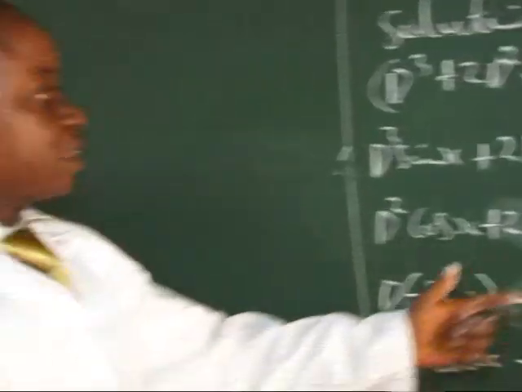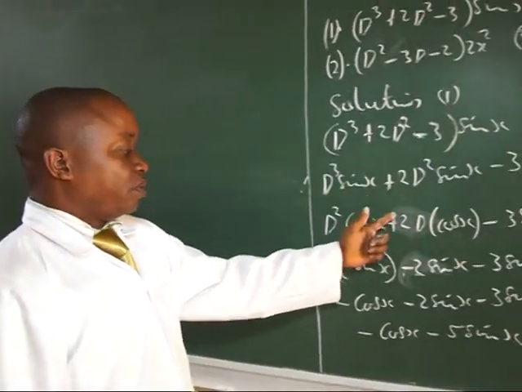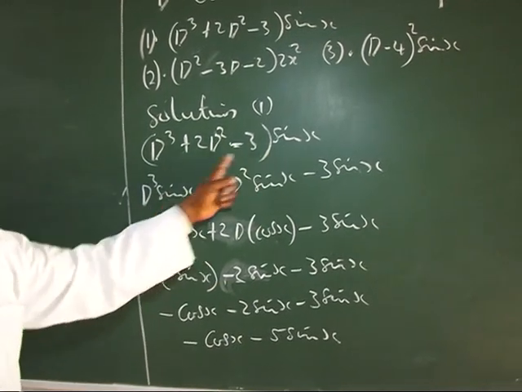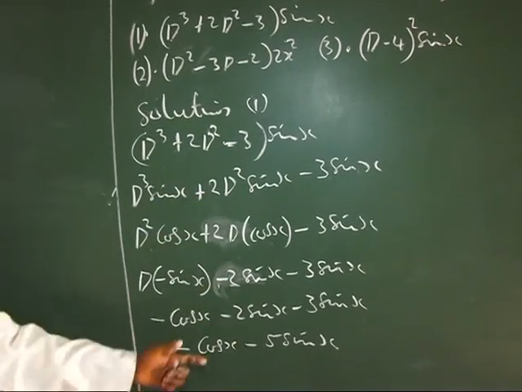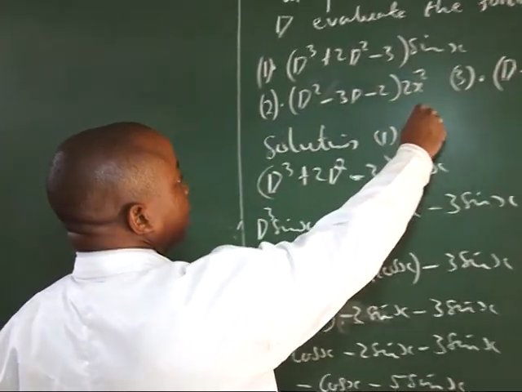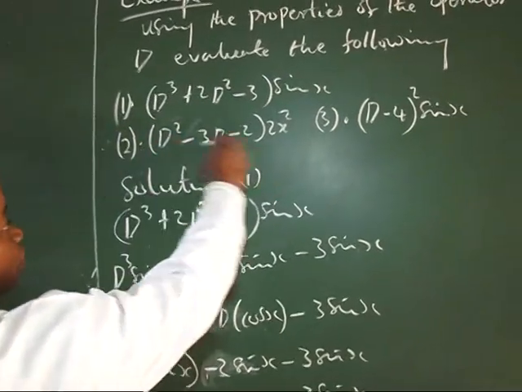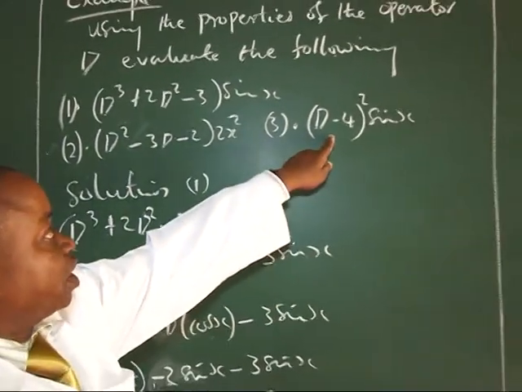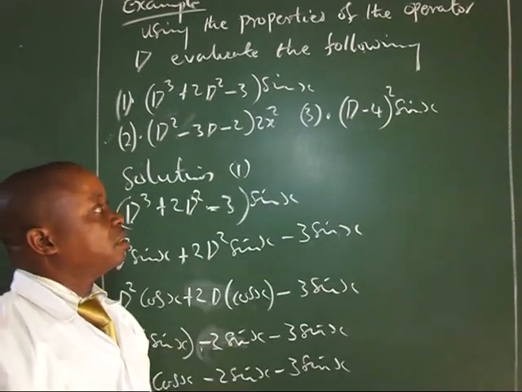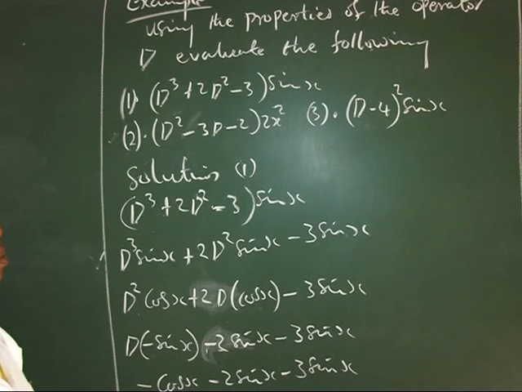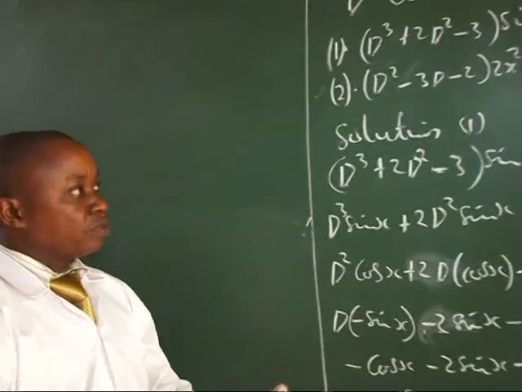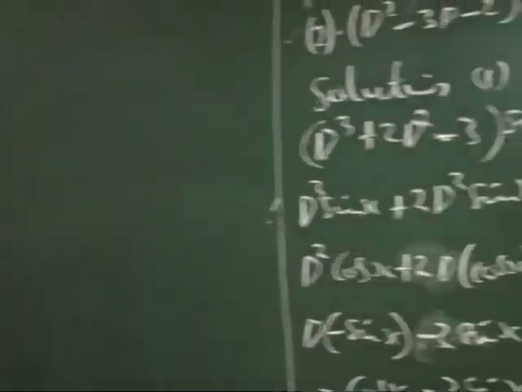And we can see that by the property of operator D, we are able to differentiate this, knowing that we can multiply it with this. So that is how it works. Now, I'd like you to use that pattern and also do 2 and 3. Remember, here in 2 you have to expand it. This is like binomial expansion, so you expand it to have D squared minus 8D plus 16, before you start the multiplication.